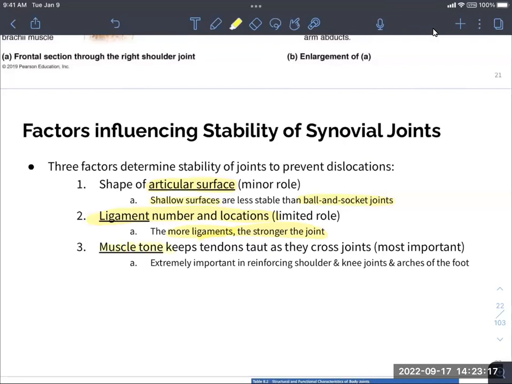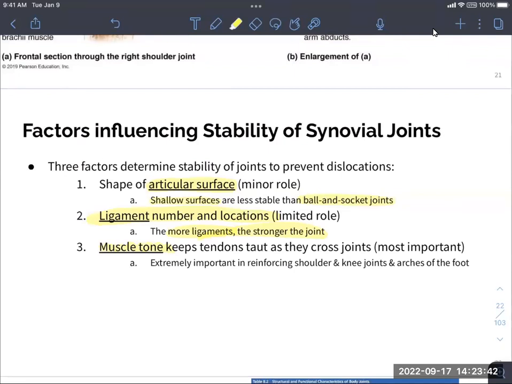Muscle tone. So muscle tone plays a huge role in the stability of joints, like our shoulder. There's several muscles in the shoulder and the knee that hold your humerus to your scapula. There's a lot of muscles.